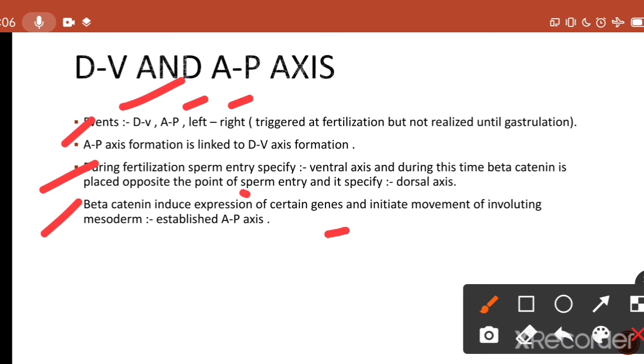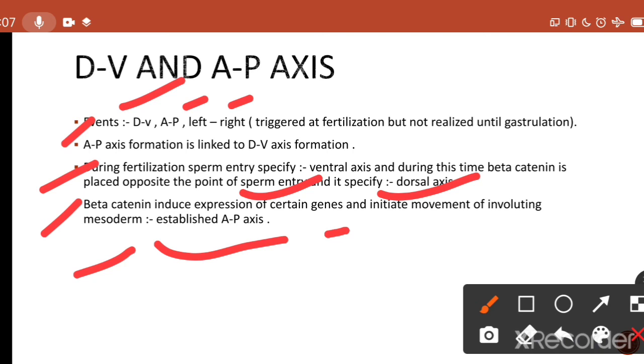So this induces the expression of certain genes and initiates the movement of involuting mesoderm and results in the establishment of anterior posterior mesoderm. The first mesodermal cells to migrate over the dorsal blastopore lip will induce the ectoderm above them to produce anterior structures such as the forebrain.